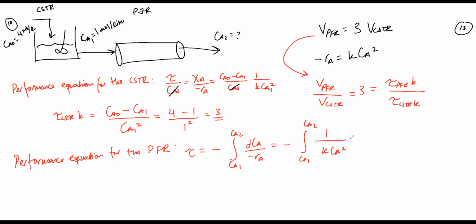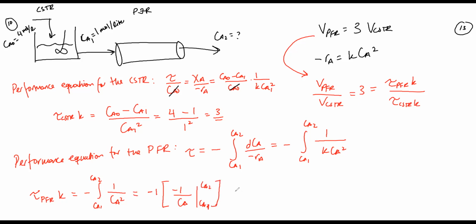I'm going to move K to the other side, so tau PFR K is equal to minus the integral from CA1 to CA2 of 1 over CA squared. The integral of 1 over CA squared is minus 1 over CA, so this is equal to minus 1 times minus 1 over CA from CA1 to CA2.